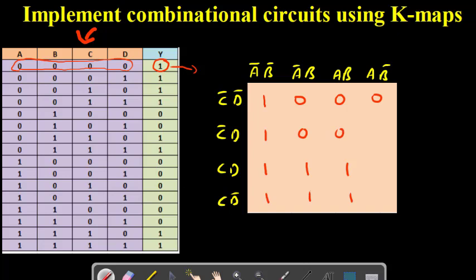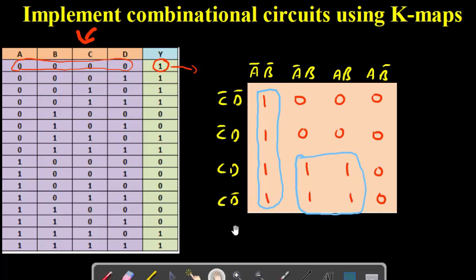Now the next part is solving the K-map. For solving, we see whether we are getting any quad or octet. We are not getting any octet, but we are getting a quad. There is a quad here, 4 ones together. Then there is one more quad here. There are 2 quads.